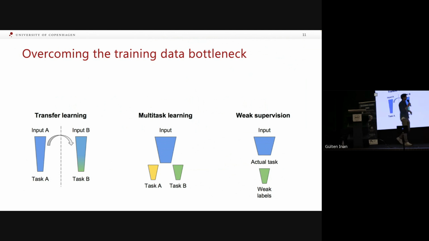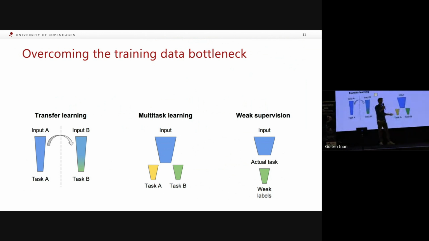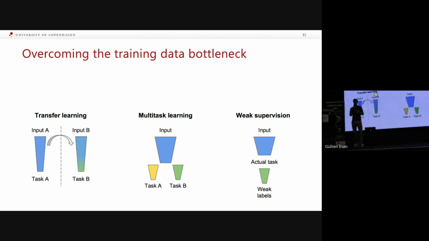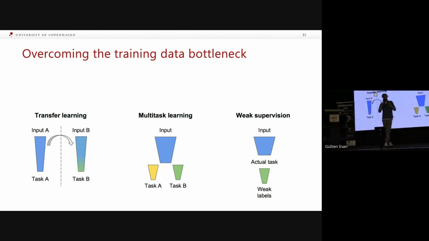And then there are things like multitask learning, where we could start to add additional tasks with more data on the side, or then concepts like weakly supervised learning, where we might just have a good approximate label, right? Not the perfect gold standard label, but we have a lot of weak labels. So in a classification problem, this could be a coarser category.